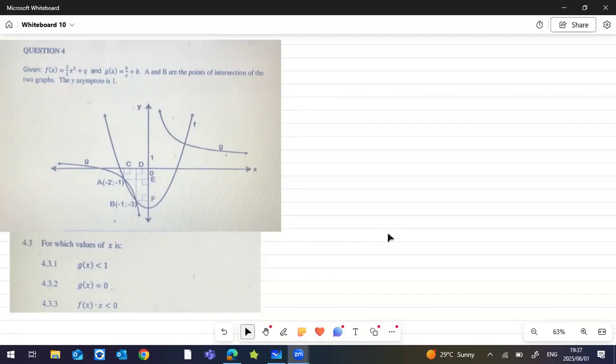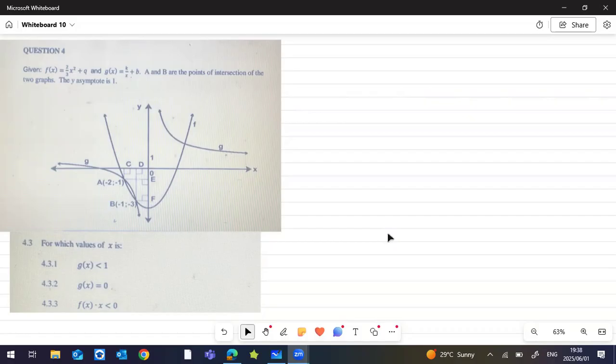And then you have 4.3.3 where they are saying your parabola multiplied by the x-intercept to be less than 0. So a product less than 0 means negative. A product will be negative if one term is positive, the other one should be negative, or if the one is negative, the other should be positive.